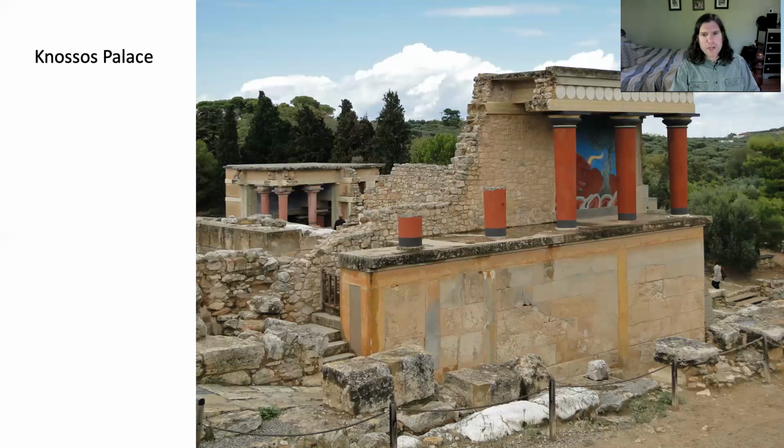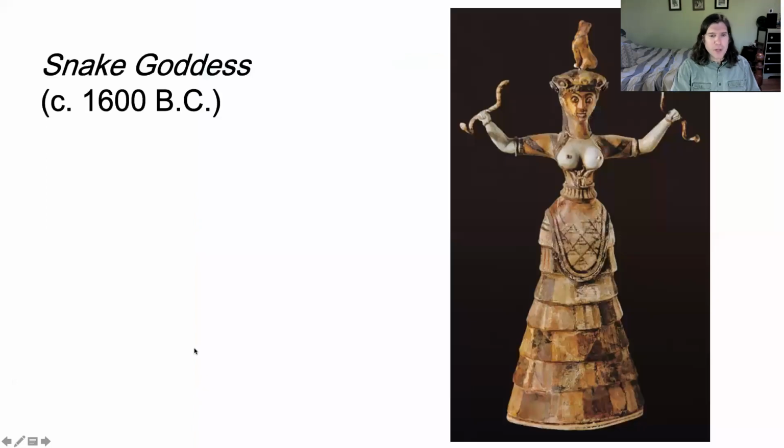Now, speaking of Minoan religion, obviously, given the fact that we can't read their script, there's only so much we can say. But let's look at one example of Minoan art. This is a snake goddess statue. It's a little over a foot tall. Don't ask me about the cat on her head. I can't answer that.